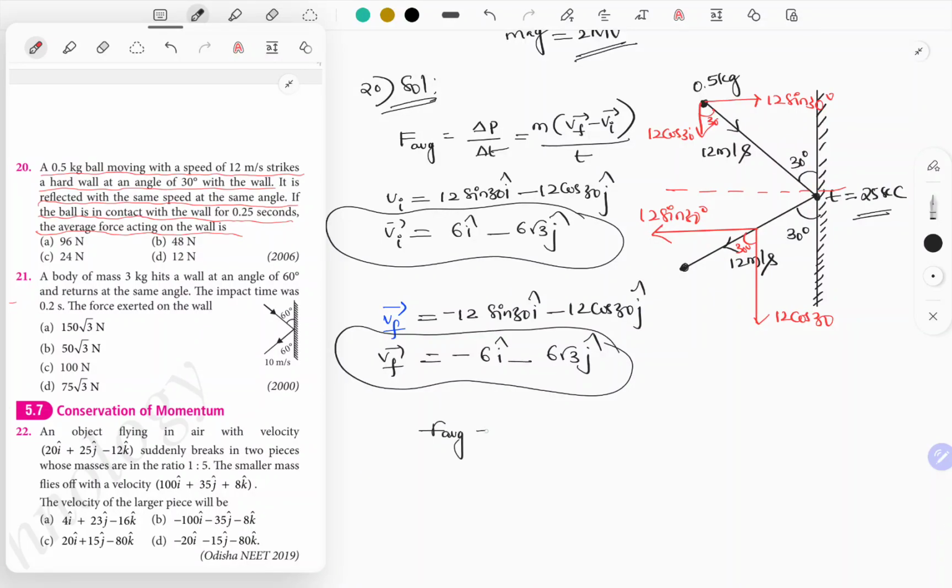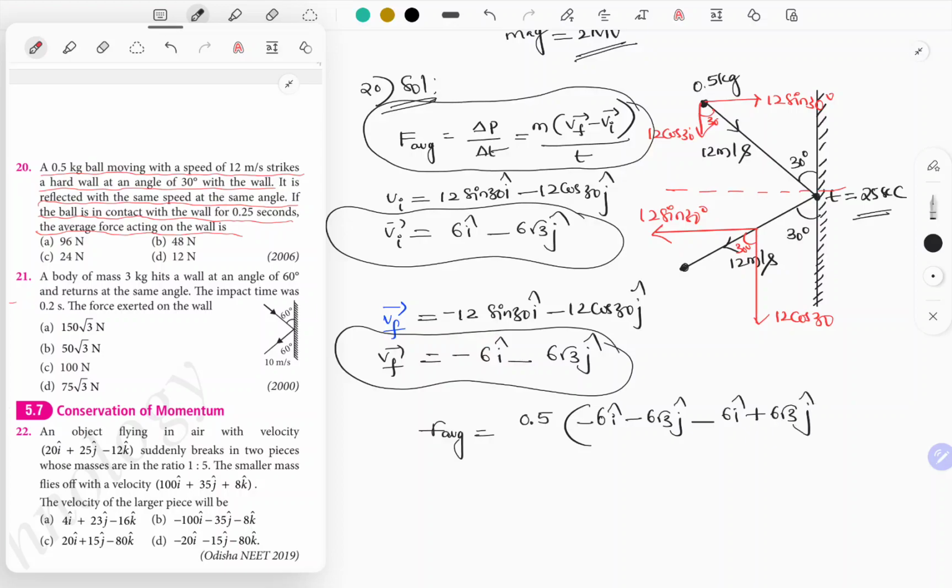So I have to find the average force. Let me substitute here. Average force is equal to mass of the object, 0.5, into final velocity, minus 6 i cap minus 6 root 3 j cap, minus initial velocity, 6 i cap plus 6 root 3 j cap. Check it out, final minus initial. Minus of minus becomes plus.